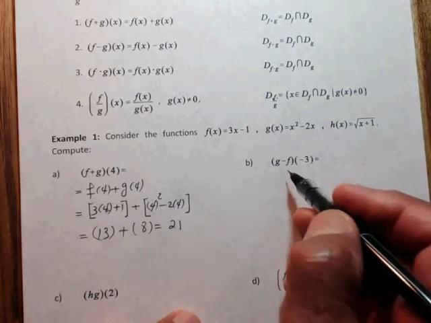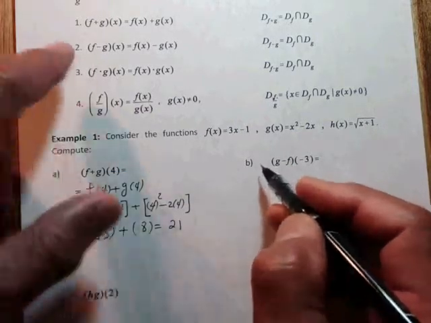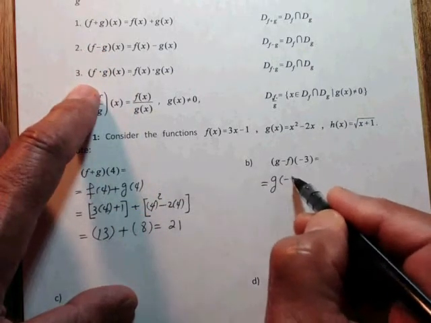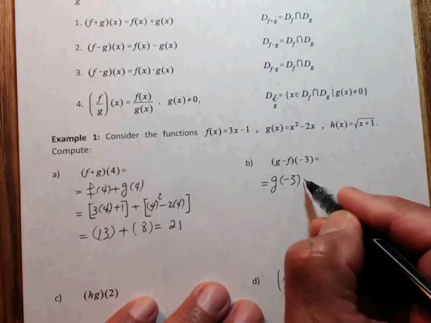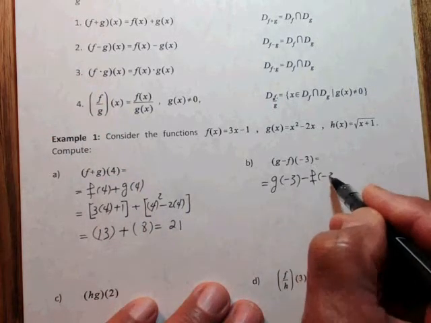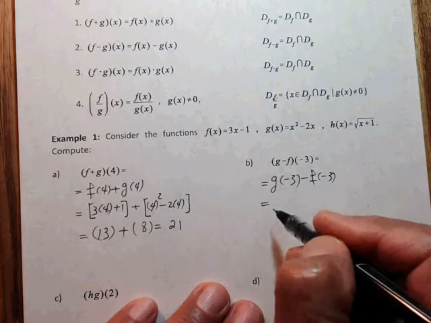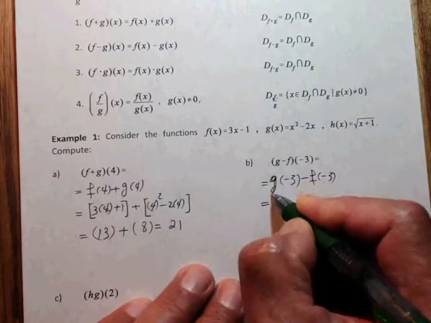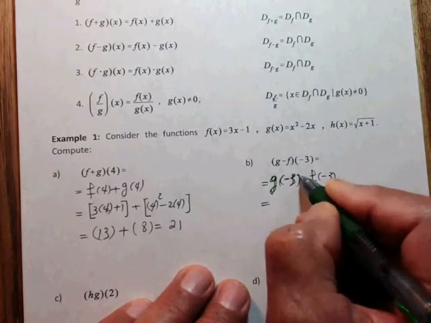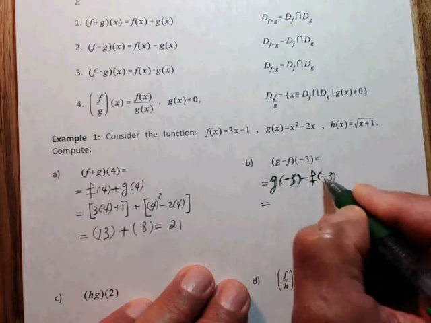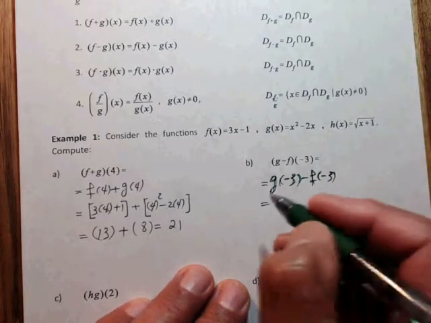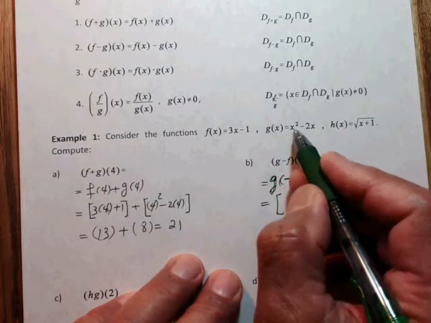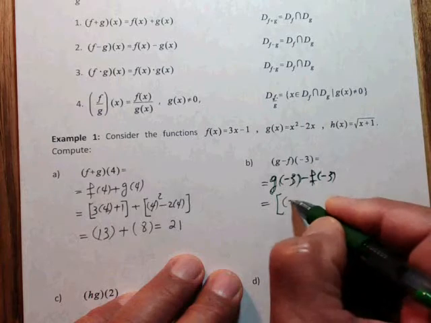Next, g minus f at negative 3. By definition, this is equal to g of negative 3 minus f of negative 3. So g of negative 3 means replace this x in g by negative 3.